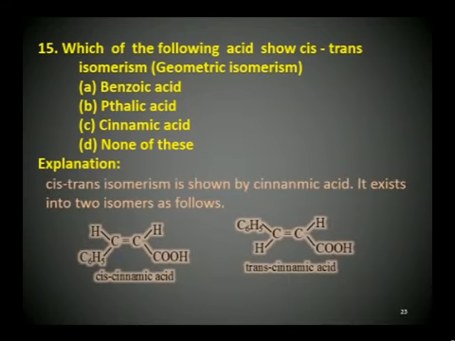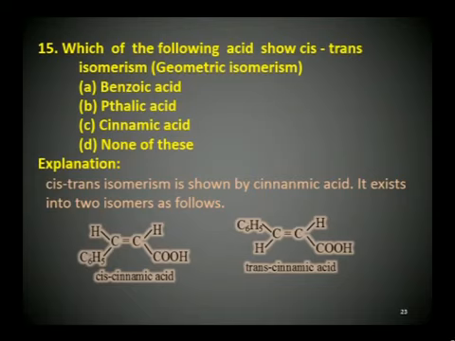You can see the structure of cinnamic acid given here. As you know, geometrical isomerism is only shown by compounds with a C double bond C, that is, 2 carbon atoms bonded with a double bond, which is the primary requirement for geometrical isomerism.